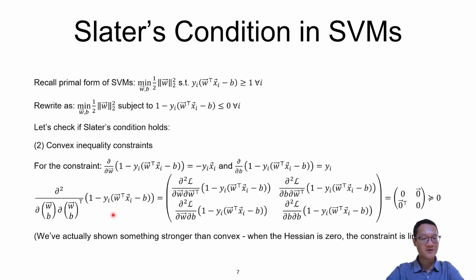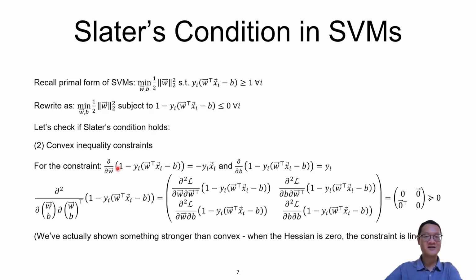Now, convex inequality constraints. We did some algebra computing the Hessian of this function, which we called G in the written notes. But looking at it a second time, we can immediately see that this should be a linear constraint, just because W and B appear linearly in the expression. There's nothing like B squared or W squared or W times B, for example.